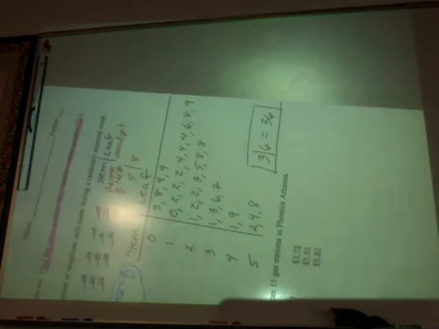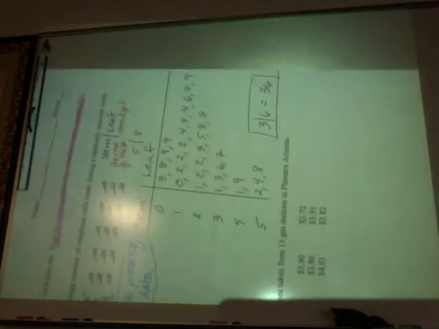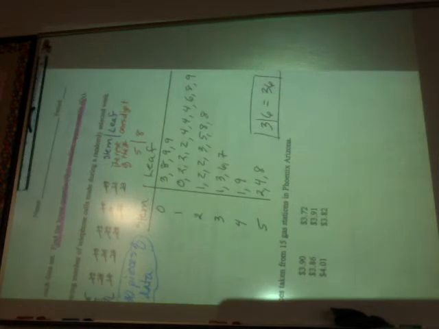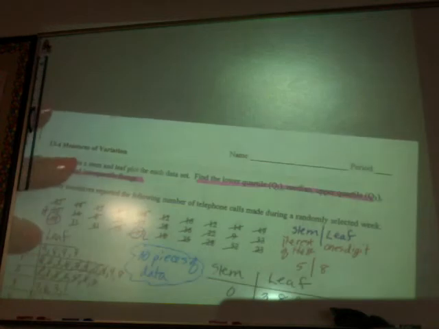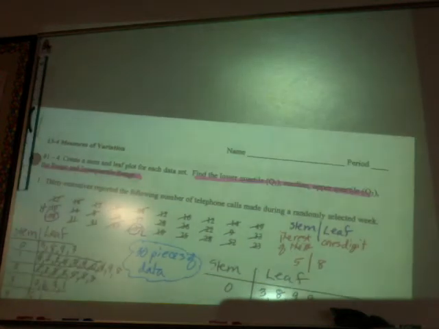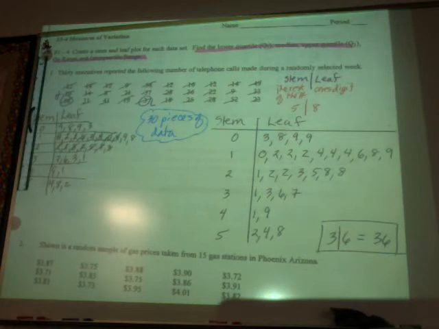So 1/3 of the executives reported telephone calls from 10 to 19 per week, right? Where only 2 executives made 40 to 49 phone calls in a week. So you can talk about the same thing that we did yesterday with your stem and leaves.